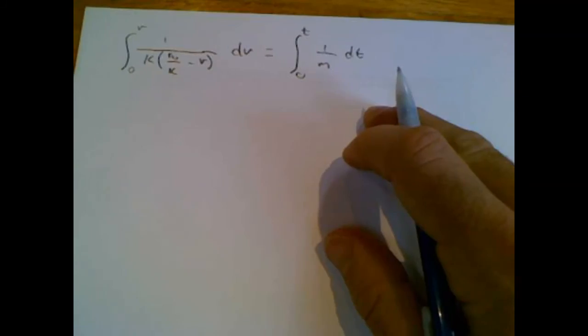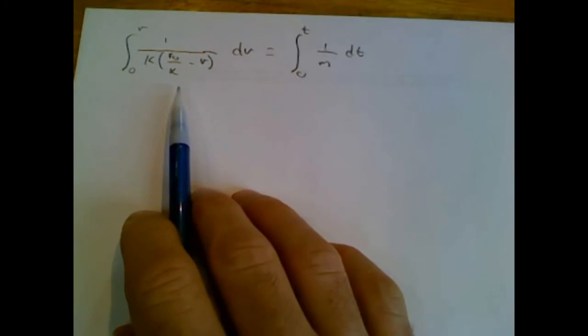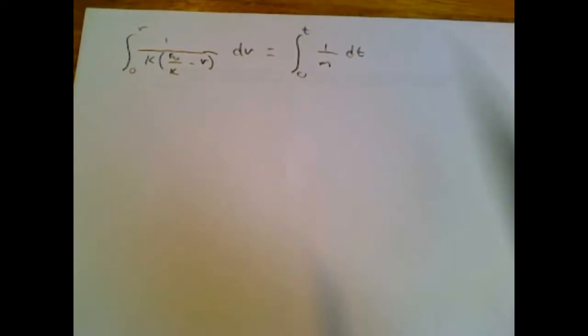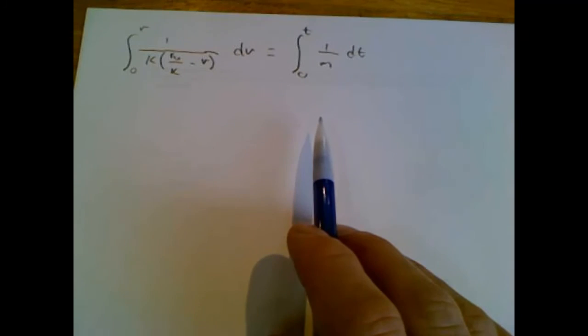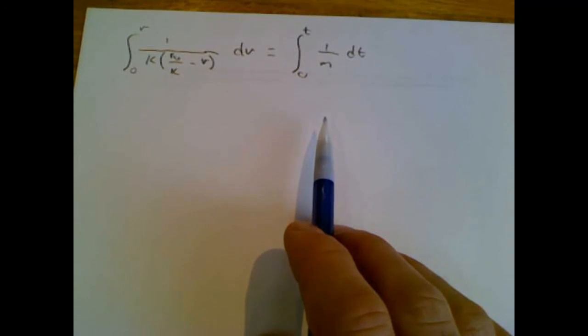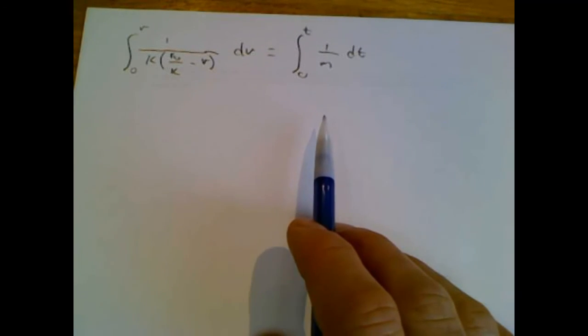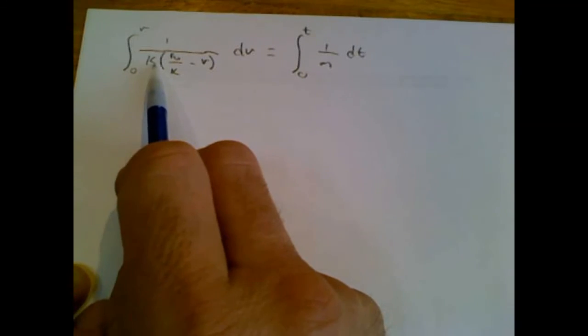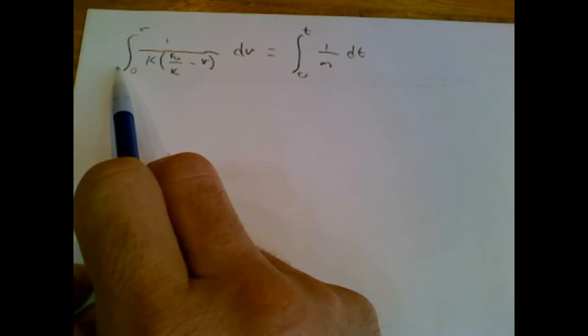I like the right side because that side is pretty easy. And like I said, hopefully I'm recognizing the dv over v is going to be a natural log. So what is this going to come out to be? I can also pull this k out because that's just a constant k.